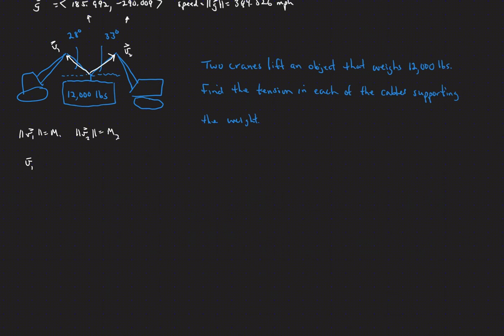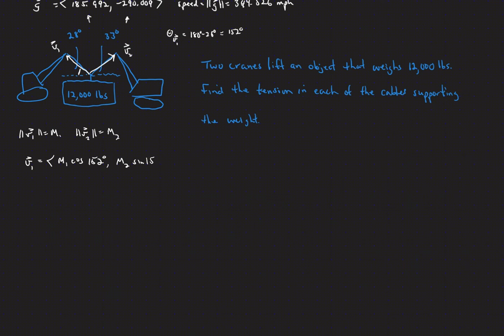So the component form of vector 1 is going to be its magnitude, which we don't know, times the cosine of, and now if this is 28 degrees, then our direction angle for vector v1 is going to be 180 minus the 28. So what is that, 152, I believe? So that's going to be our direction angle for our vector 1.